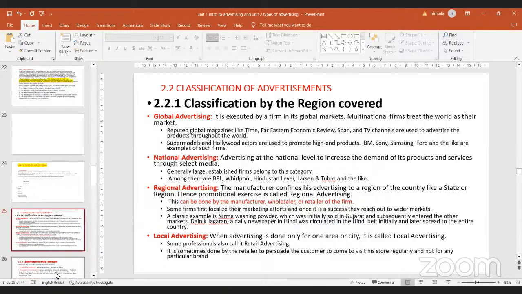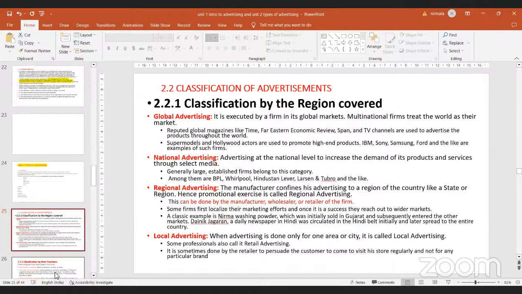And like those products which, for example, Nirma or whatever, might be consumed only by people in a specific geographic area, like a region or a state. In those kinds of cases, for example, saris, most of the time in India we may go for advertising regarding these saris which are to be worn by women.